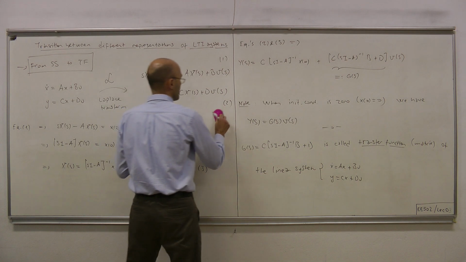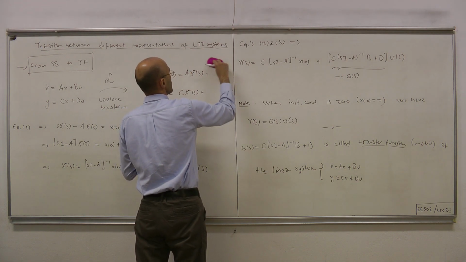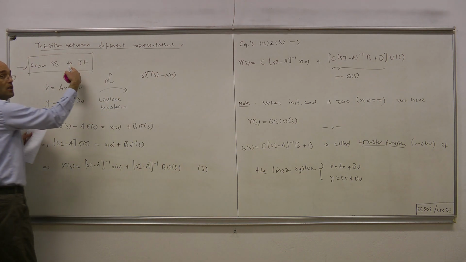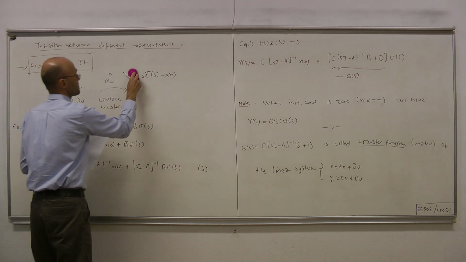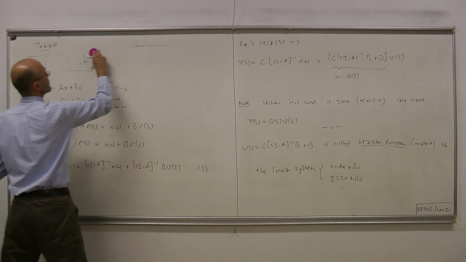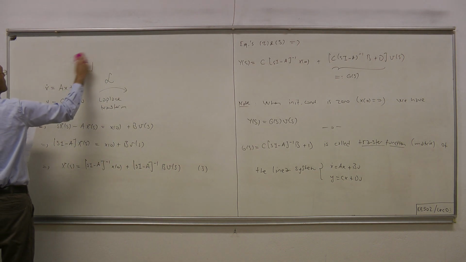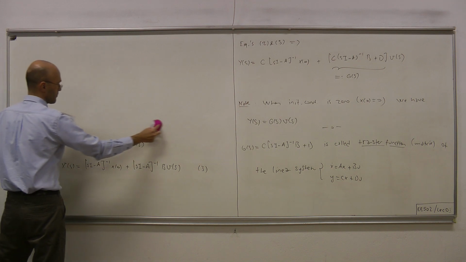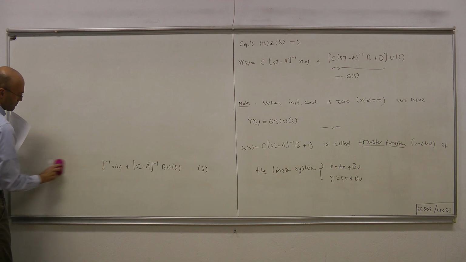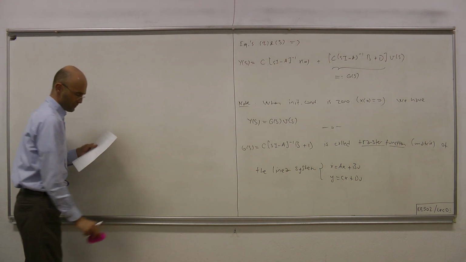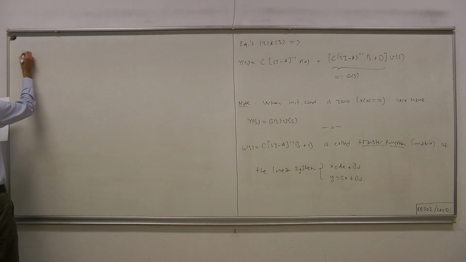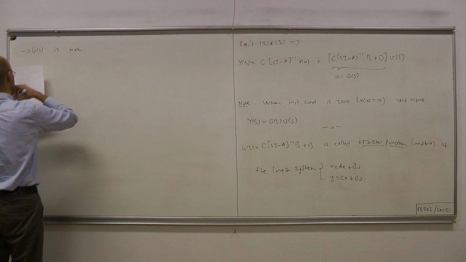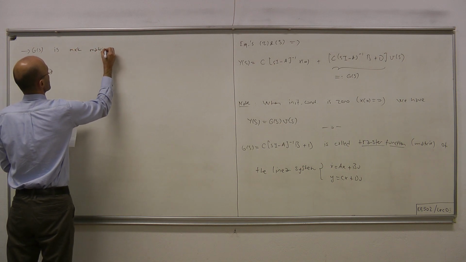Now let's notice some properties of the transfer function, and then we will move on to the other direction, from transfer function to state space. G(s), the transfer function, is an m by k matrix.